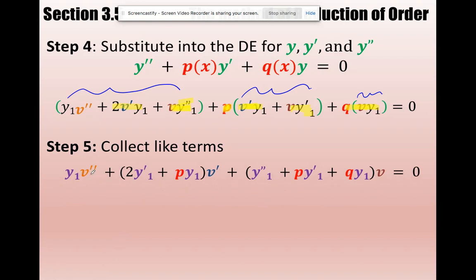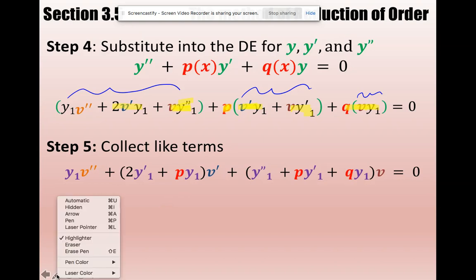I only have one v double prime. Here was my v prime. Remember, my v prime terms are my yellow terms, 2 v prime y sub 1, and p times y sub 1 times v prime. I just factored them out so that I had just a v prime there.